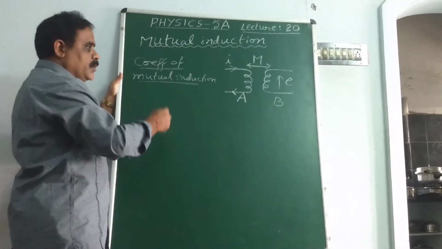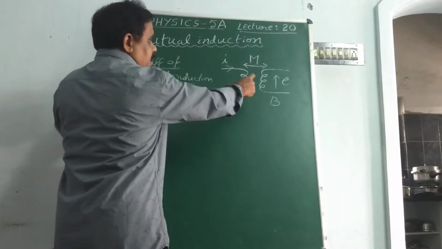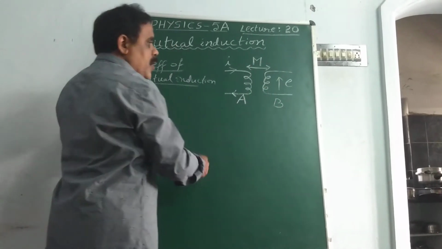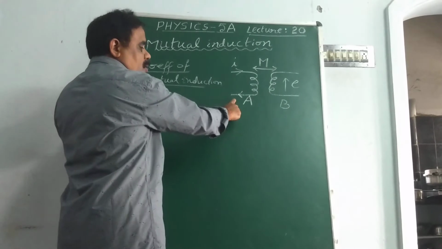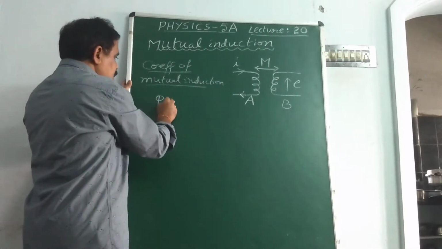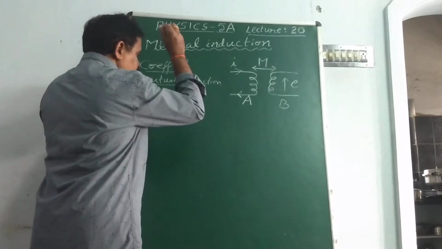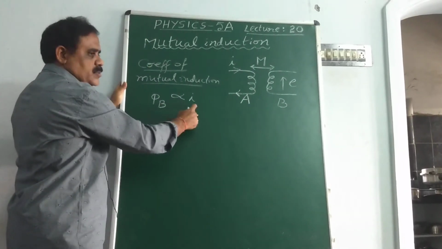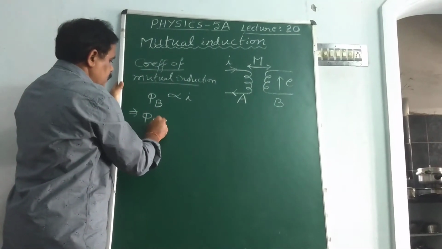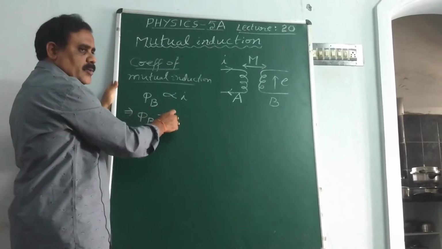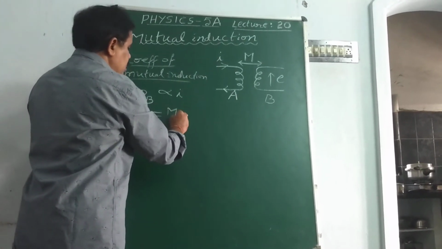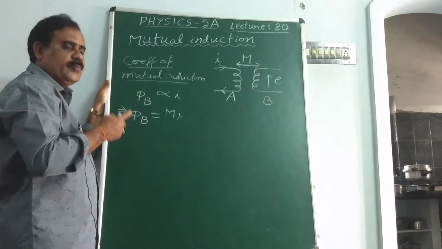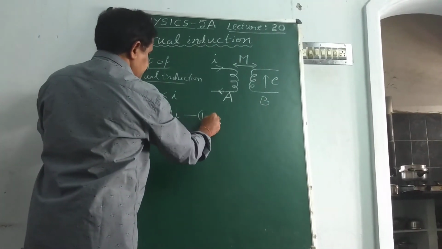Now you see, we know that if there is a change in the current I, EMF is developed in the coil B. That means the flux linked with the coil B depends upon the current in the coil A. That means phi B is proportional to I. That implies phi B is equal to, so we have to write a constant. That constant is called capital M. So this constant capital M is called the coefficient of mutual induction. So this is equation 1.